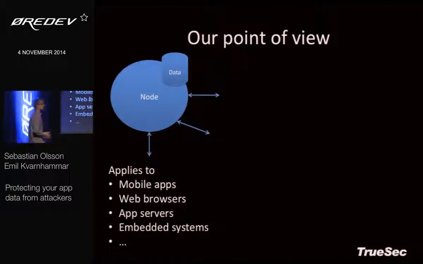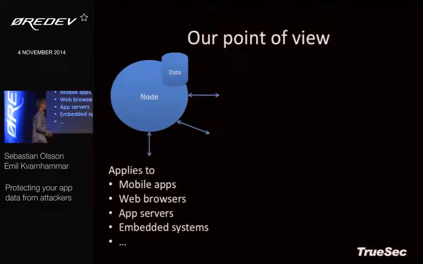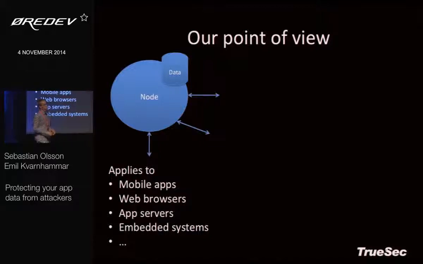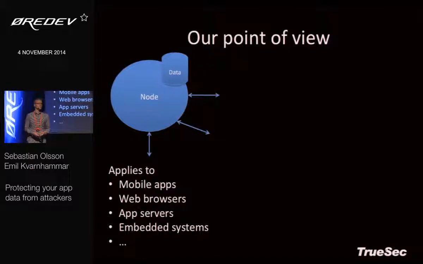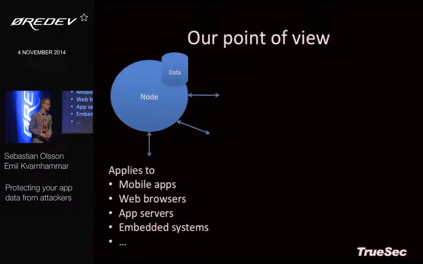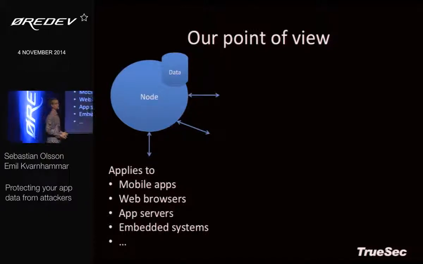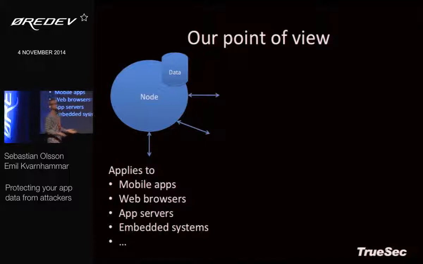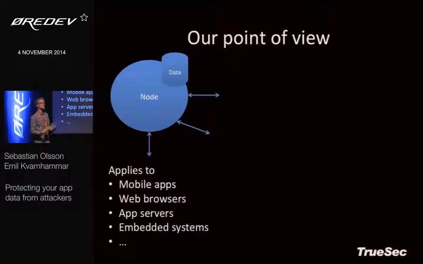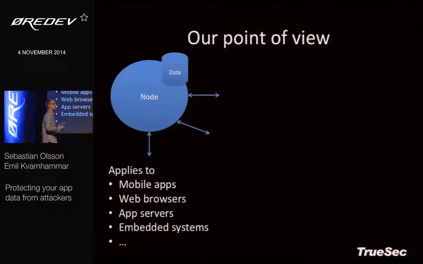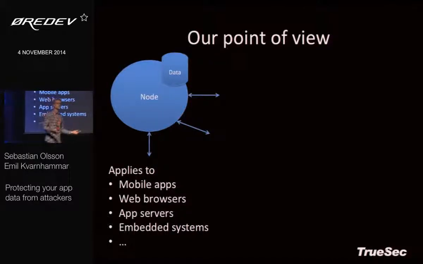Mobile apps, web apps, could be application servers, for instance, for a web service interface towards a mobile application. Embedded systems is also something we consider as being a node. And what's common between all nodes is that they store some kind of data locally. They transmit and receive data through interfaces to and from the other nodes.